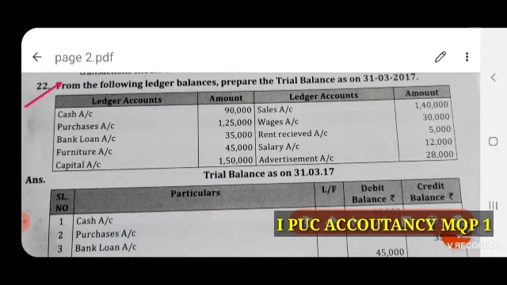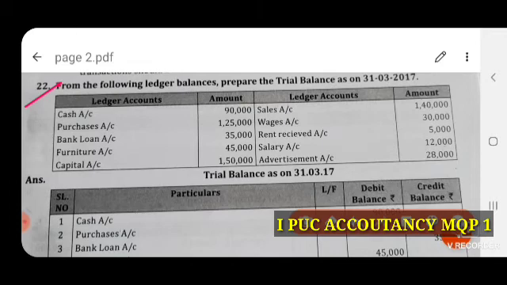Debit balance shows assets, expenses and losses, and credit balance shows liabilities, incomes, gains. If you have any doubt, watch my videos on trial balance.